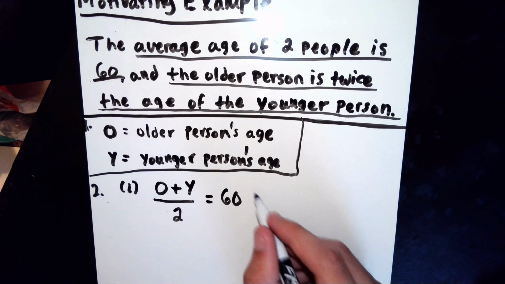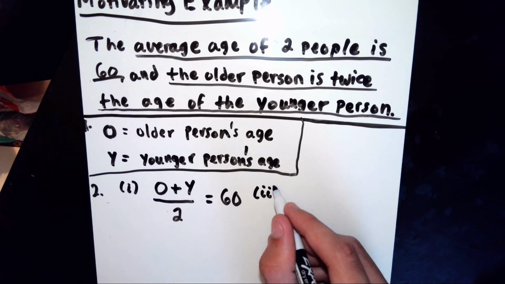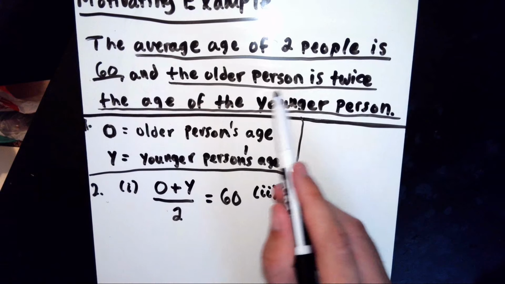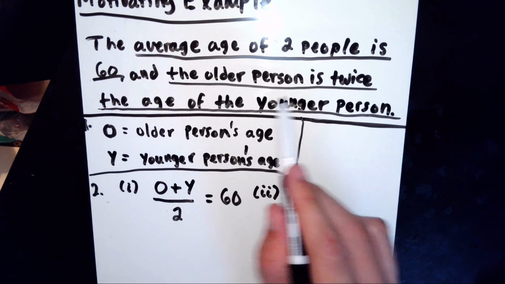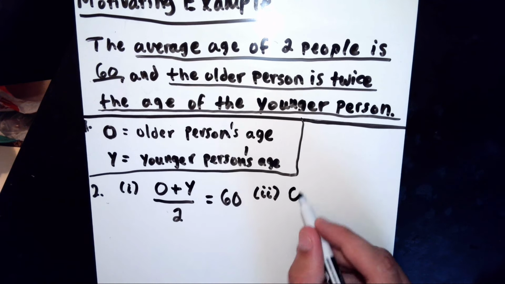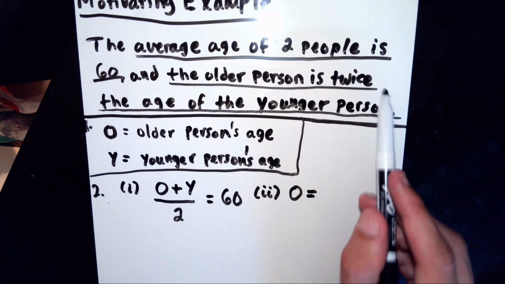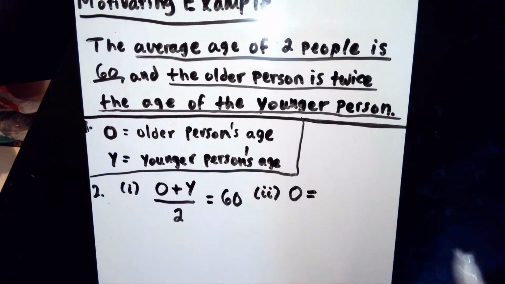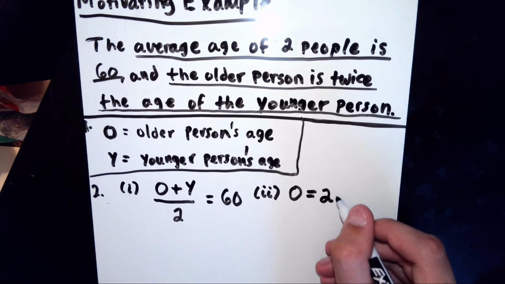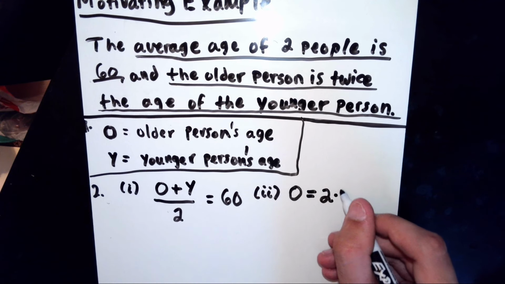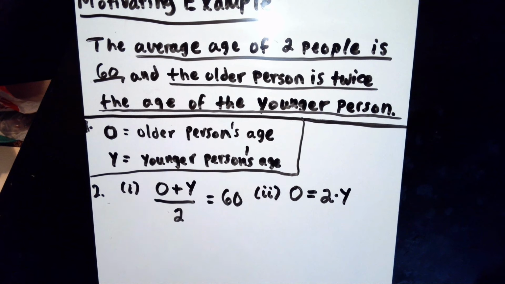Now, equation 2 comes from the second sentence, which says that the older person is, so I just write O equals, older person is twice the age of the younger person. So twice Y, 2 times Y, because that's twice the age of the younger person.